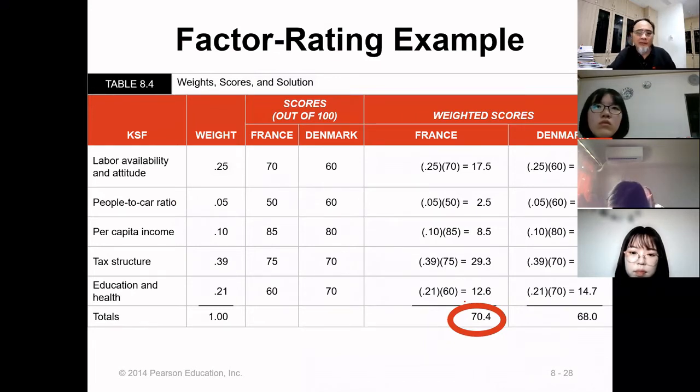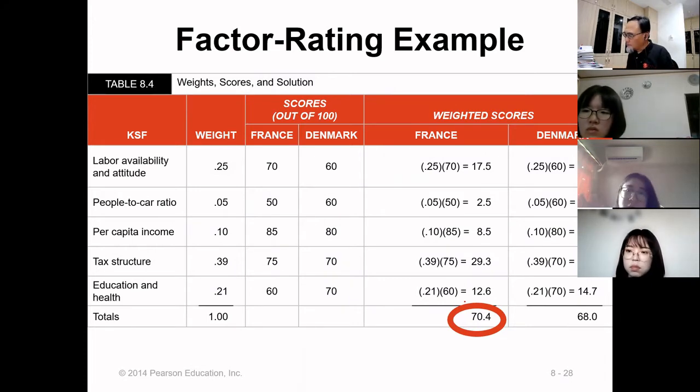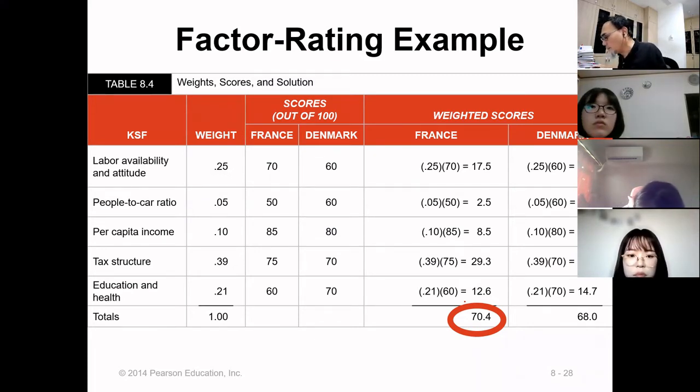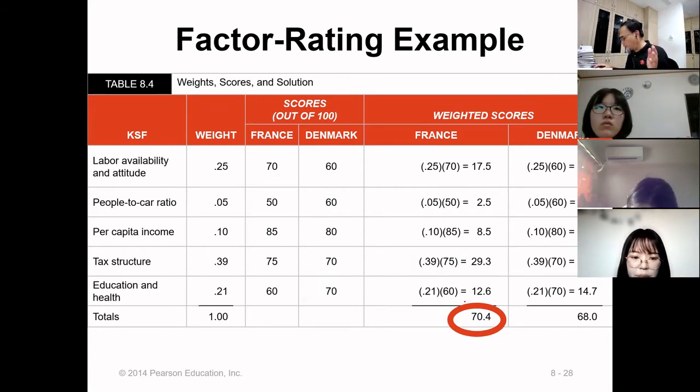For example, this is trying to make a decision between France and Denmark. It is a country level decision. A company has decided to expand overseas with its first theme park.